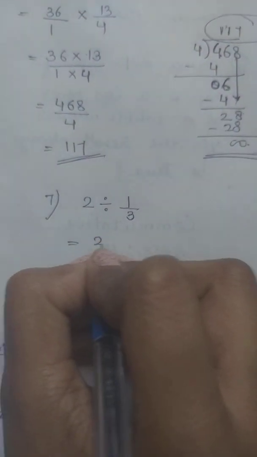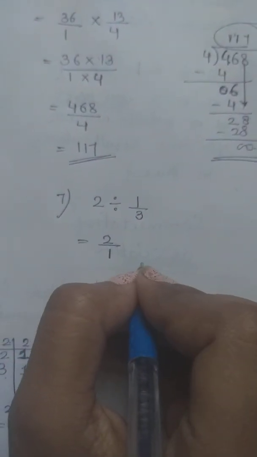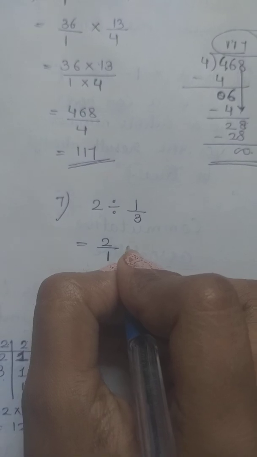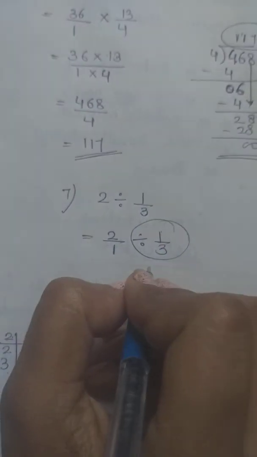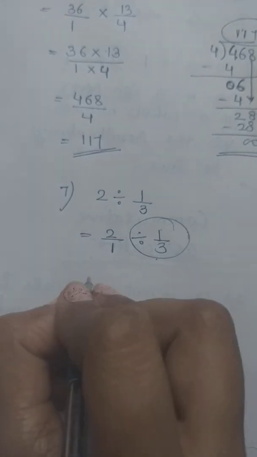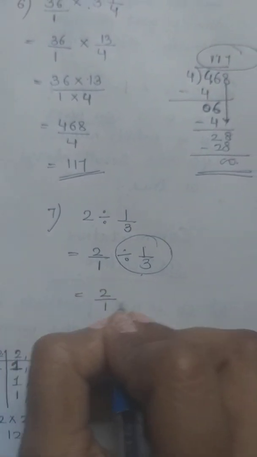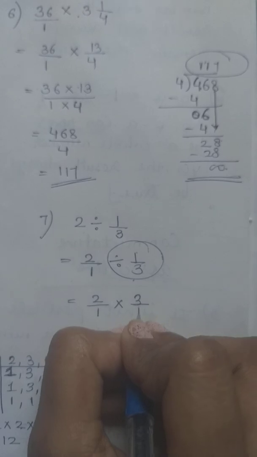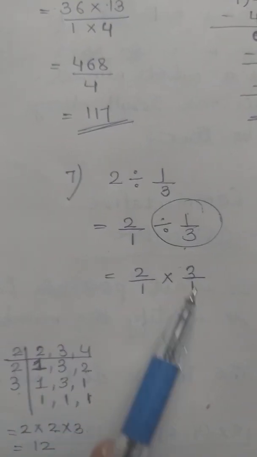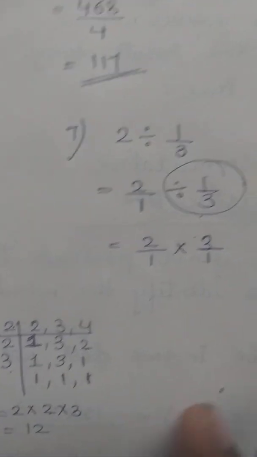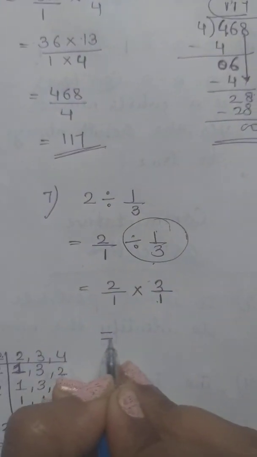See, I'll write 2 by 1, nothing in the denominator, so which means 1. Divided by 1 by 3. I'll change this number to its reciprocal: 2 by 1 multiply by 3 by 1. Why 3 by 1? Multiplicative inverse or reciprocal of the number.